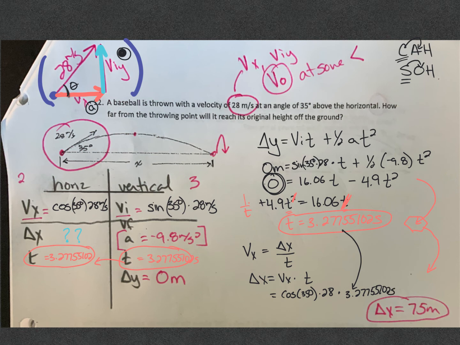On my calculator, I just left that time right there on the screen. So I just need to multiply it by cosine of 35, close parentheses, most common mistake, times 28. You can do it in any order. It's all multiplication. And you should get a delta x of 75.2 meters.